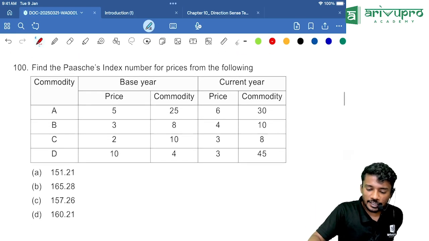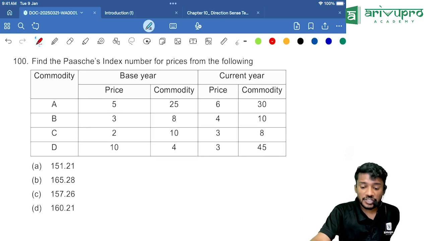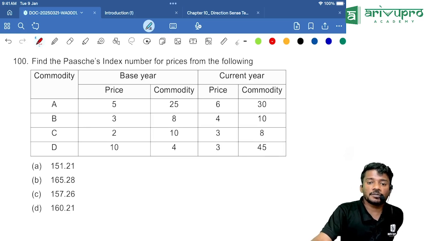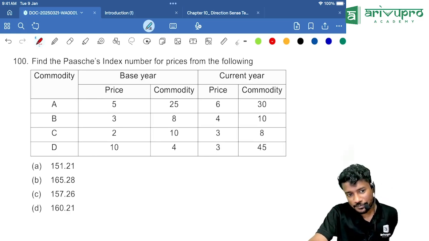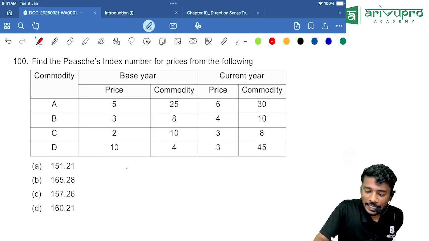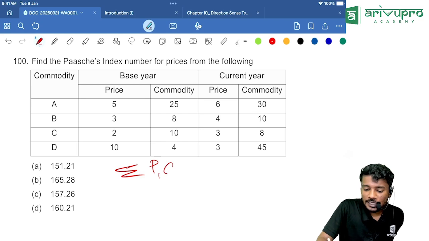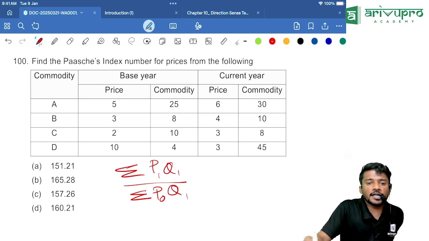And the last and final question. Find the purchase number for prices from the following. What is the formula for the price index? P1 by P0. Sigma P1 Q1 divided by P0 Q1.